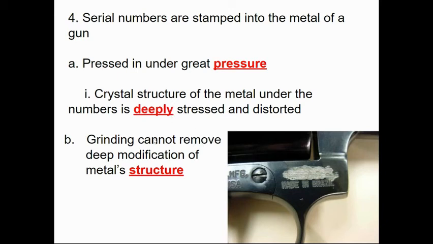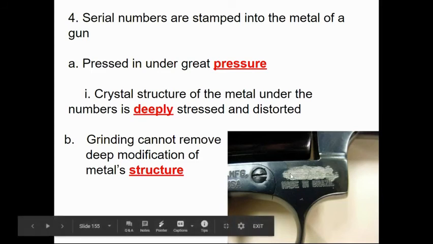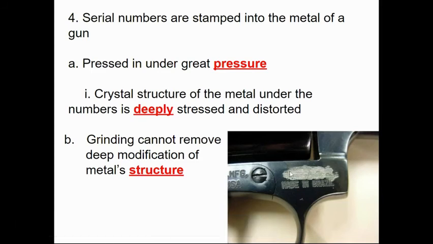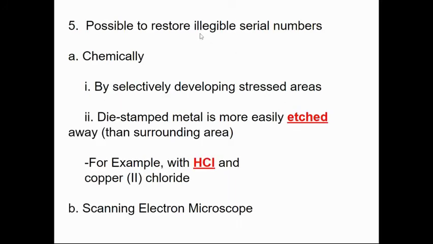So, when you grind off that serial number or scrape it off, yes, definitely you have distorted this number. But deep underneath that, in the metal itself, that serial number is still there at a microscopic level. So it's possible to restore those in some ways.